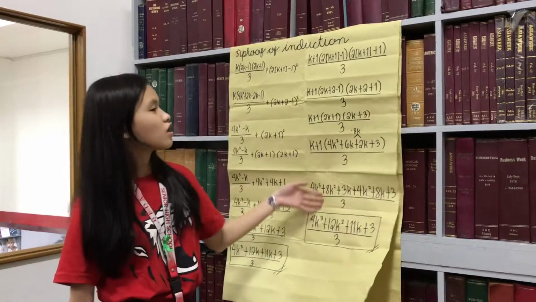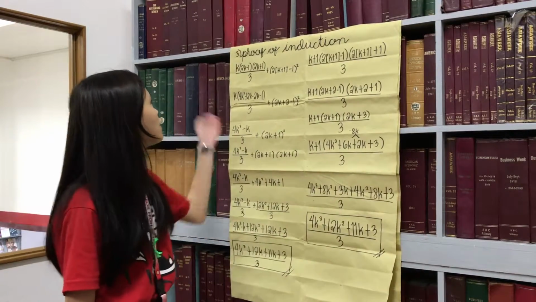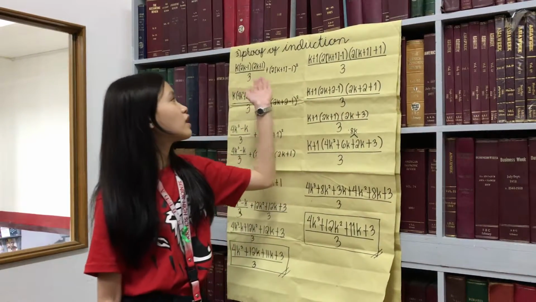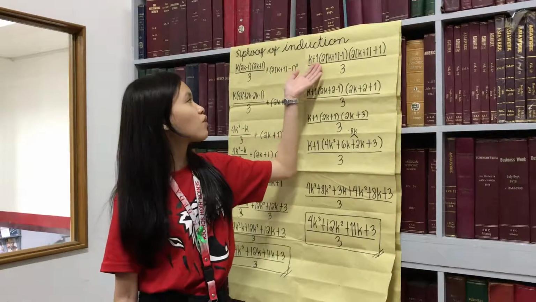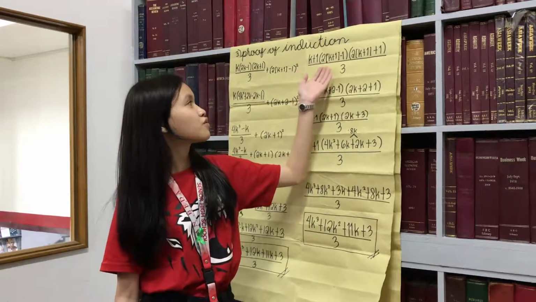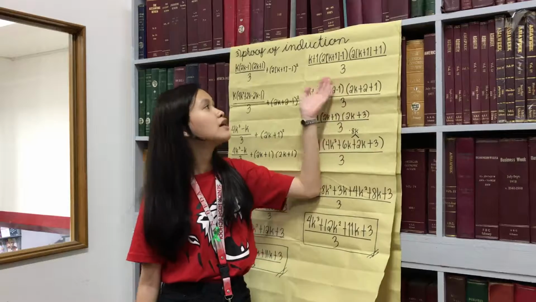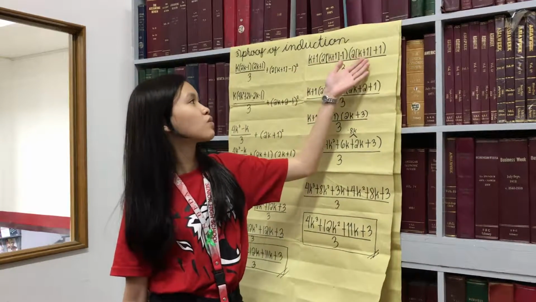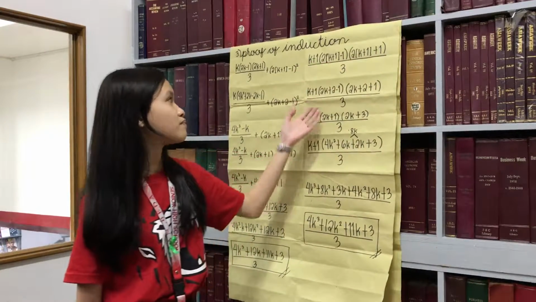In the second column of the proof of induction, we will use the second term. The equation would be k plus 1 times the quantity of 2 times k plus 1 minus 1 times the quantity of 2 times k plus 1 plus 1 all over 3.